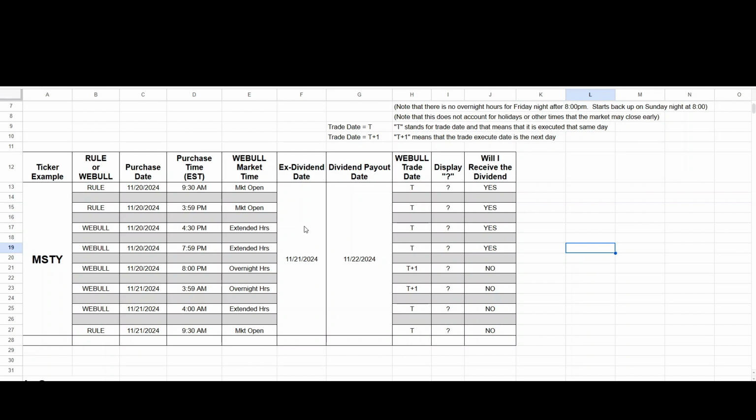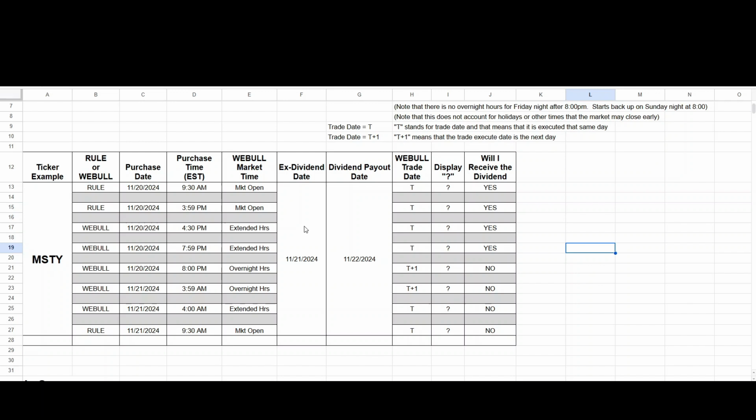Sometimes they will exercise those options early because they want that dividend that's coming up the next day. But they know that in order to receive that dividend, they must own those shares before the ex-dividend date. So sometimes options get exercised early in order for them to own those shares on the day of the ex-dividend date.